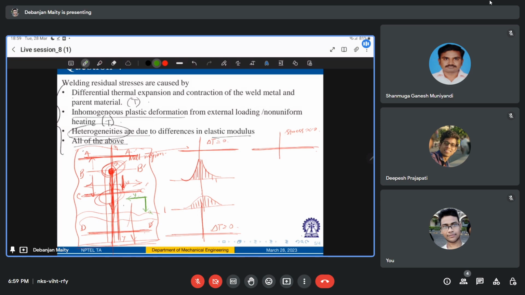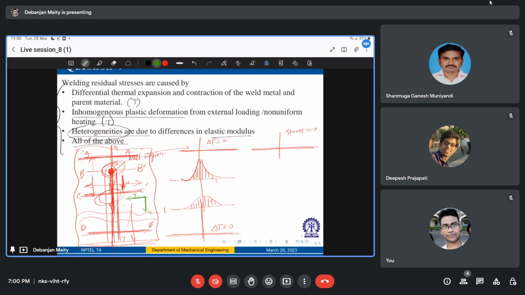What will happen for the distribution of residual stress in the x direction at sections AA dash, BB dash, CC dash, and DD dash? At section AA, as I was saying, there will be almost no thermally induced stress due to welding.